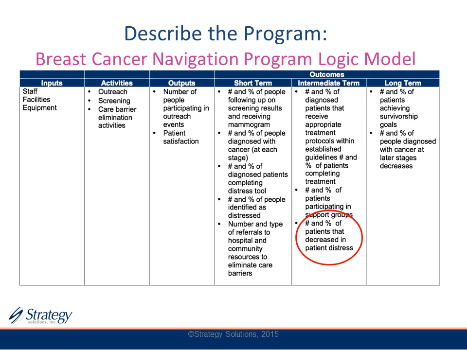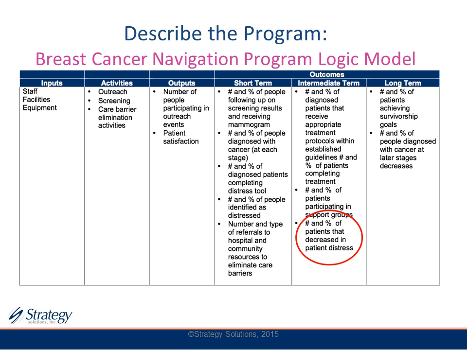But they never really measured psychosocial distress at the end of cancer treatment to see if that changed at all. Ideally, the navigation program and the resources we're providing to patients should help their quality of life improve and their psychosocial distress decrease, but they weren't measuring it.